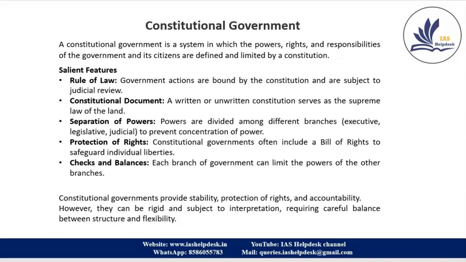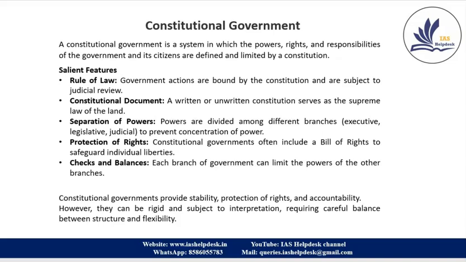And then we have the salient features of the constitutional form of government, where the first is rule of law, where government actions are bound by the constitution and are subject to judicial review. So basically here we have three bodies: the executive body, legislative body and the judicial body. Then we have the constitutional document, that is, written or unwritten constitution, which serves as the supreme law of the land.